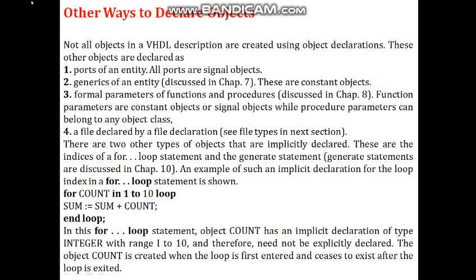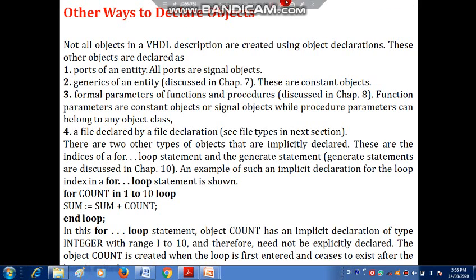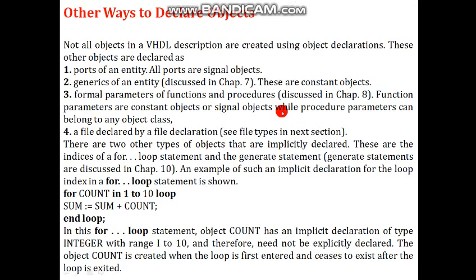There is another way to declare objects. Not all the objects in a VHDL description are created using an object declaration. These other objects are declared as ports of an entity.